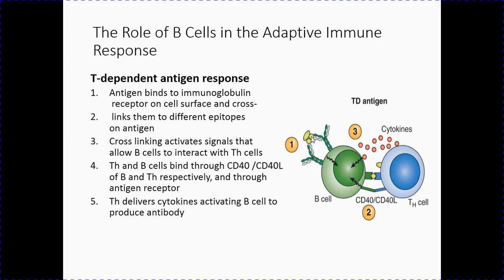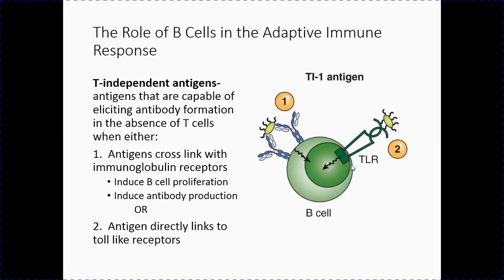So those are the three ways that the antigen-dependent response can produce activated B cells. These activated B cells then transform and do what? They become plasma cells and produce antibody. Yes?